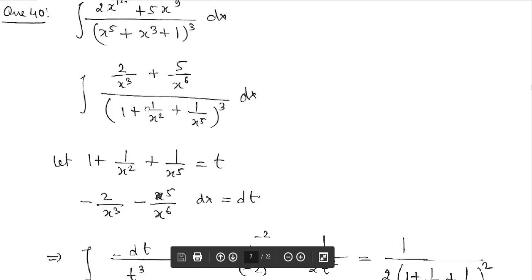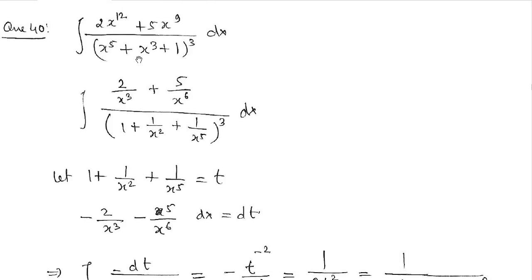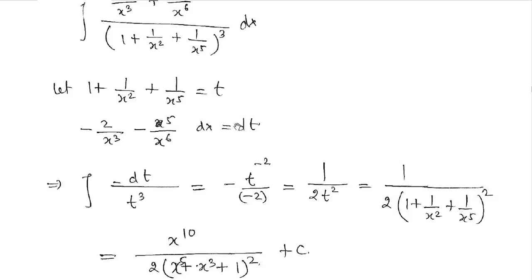In question number 40, what we do here is we just divide the numerator and denominator by x to the power 15. If we divide the numerator and denominator both by x to the power 15, then we will get this expression. And you can see that if we take this as t, then its differentiation is this, and this integral becomes this.